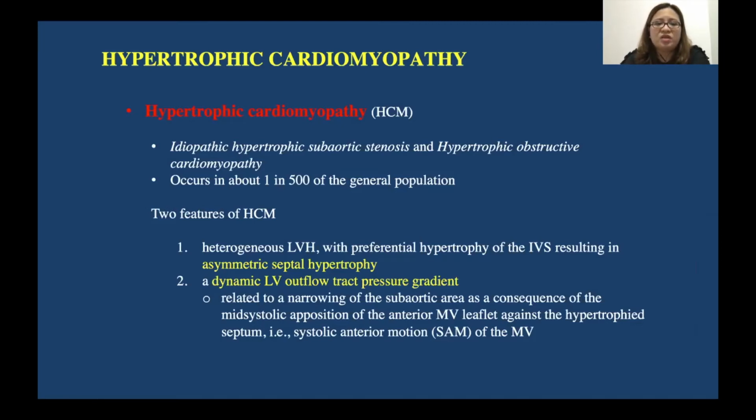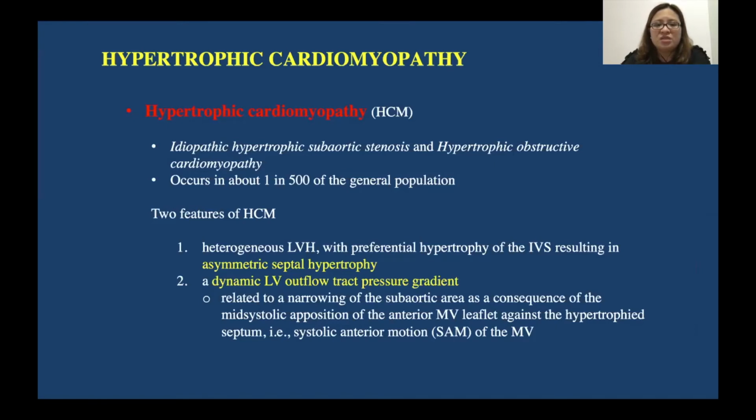The second feature of HCM is a dynamic LV outflow tract pressure gradient. So there is an obstruction to the LV outflow, but it is dynamic, as opposed to aortic stenosis, which is a fixed LVOT obstruction.